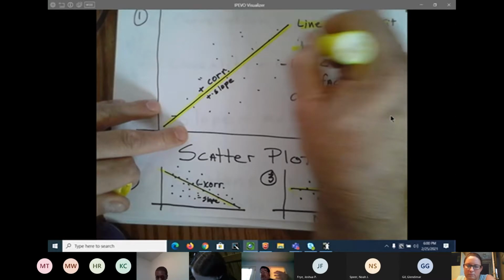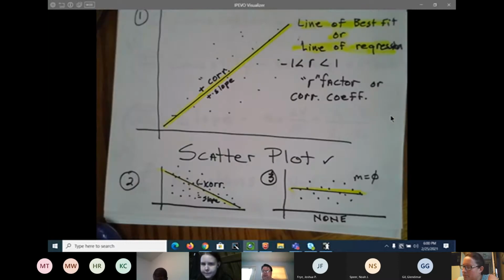And correlation is pattern. I see an upward pattern here. I see a downward pattern here. And I see no pattern here. Pattern can be used with correlation.